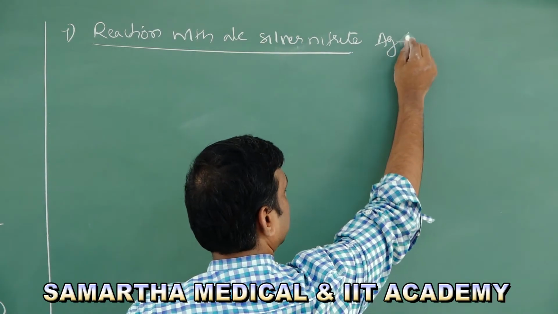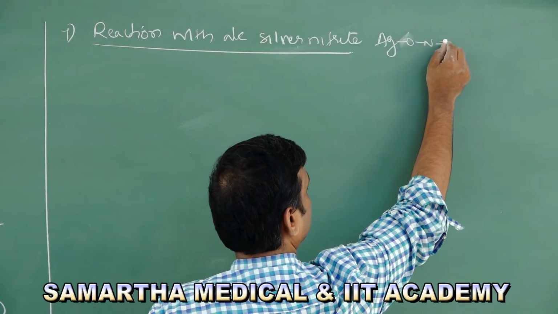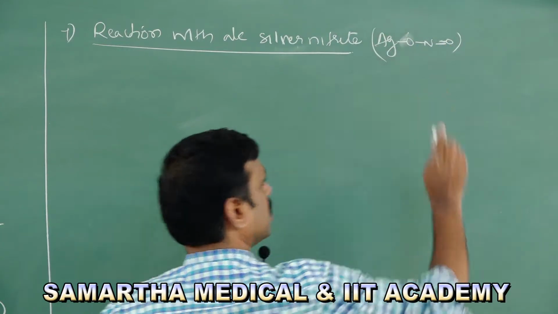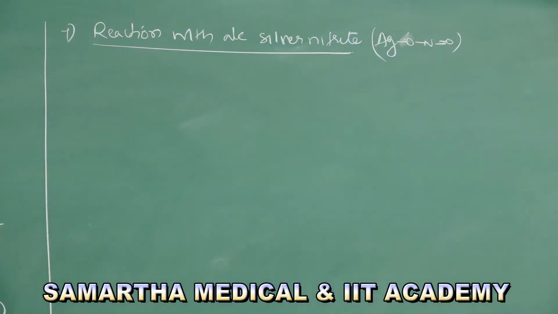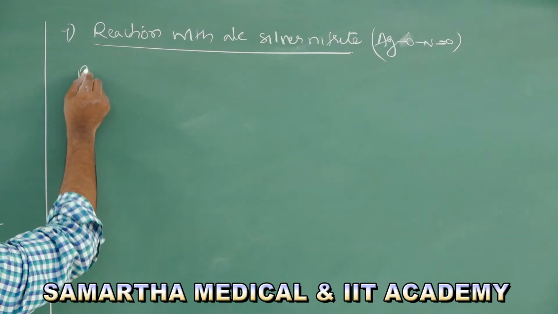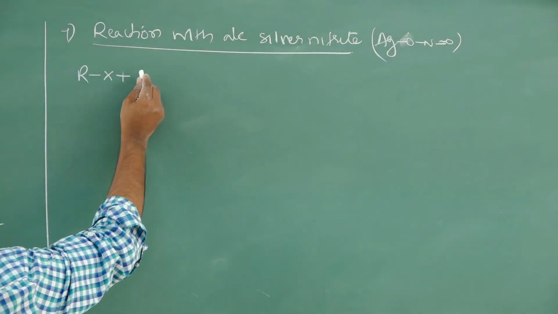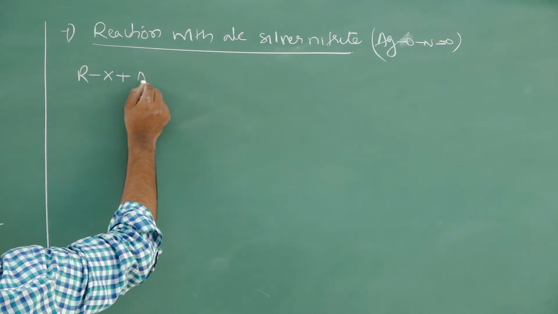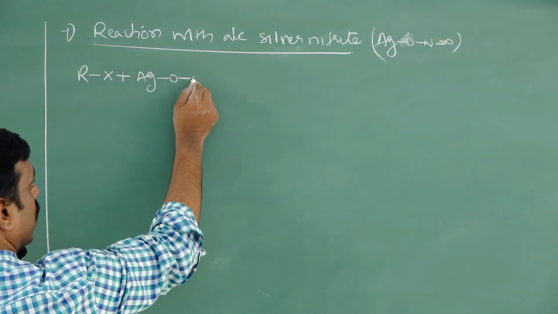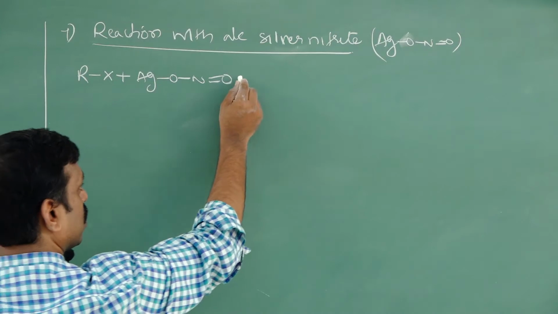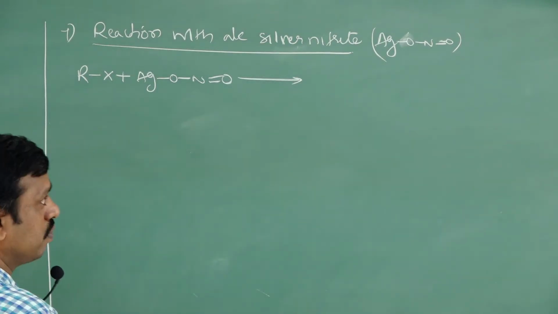AgNO2. That means Ag-O-N double bond O. This is a silver nitrite. Let's see alkyl halide. Let us take RX reacts with silver nitrite, Ag-O-N double bond O in alcoholic medium.